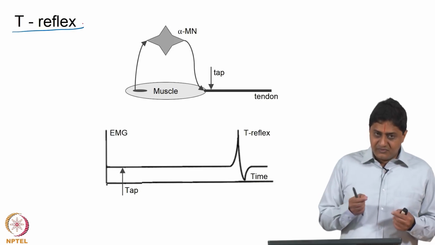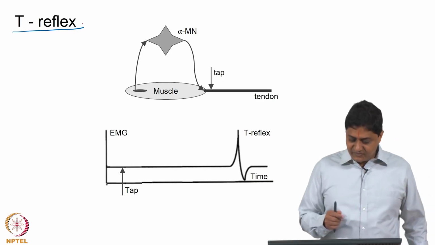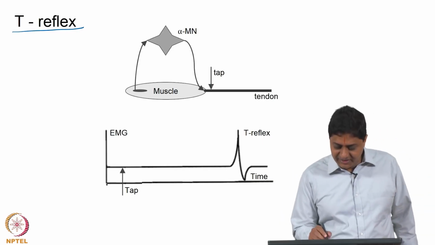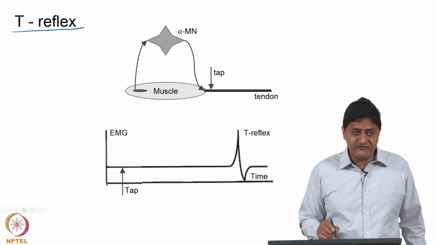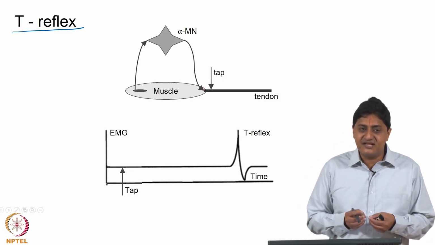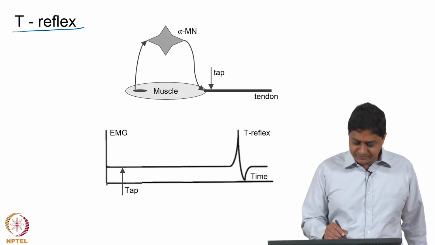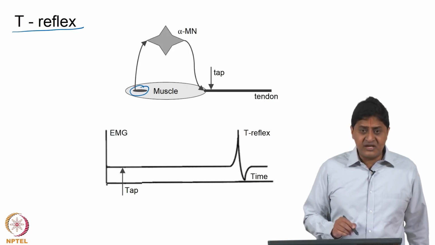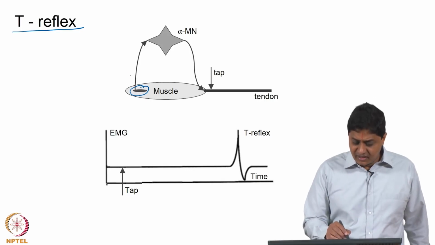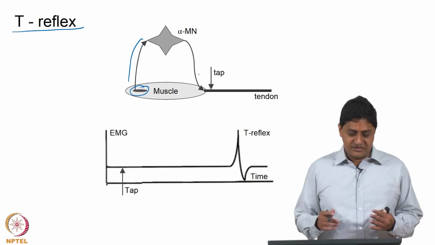The T reflex is a monosynaptic reflex, that is, if I tap the tendon, the muscle spindle senses the sudden stretch, and then immediately the 1A afferents will start firing and command the alpha motor neuron to contract. That response is what is felt as the knee jerk response.